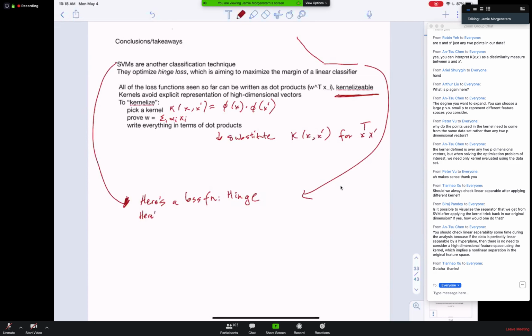Here's a set of possible decision rules, linear separators. And then minimize loss over this set of decision rules.